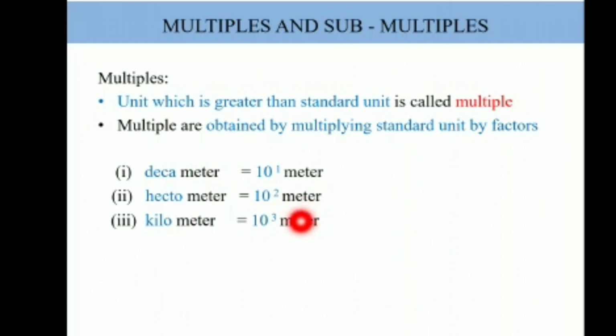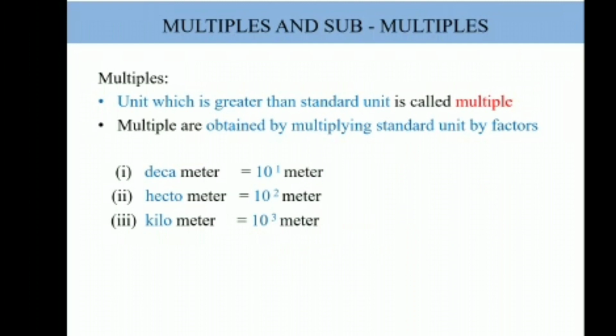Meter is the standard unit, because the distance we are measuring is bigger than the standard unit. We are multiplying it with some number. This number is known as a factor. So 10 to the power 3 is a factor. This is called a multiple factor, because these factors help us measure units bigger than the standard unit.